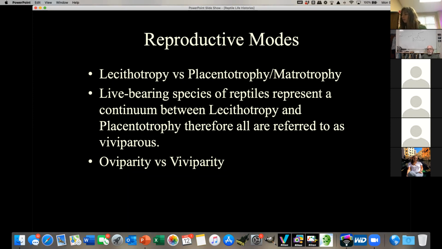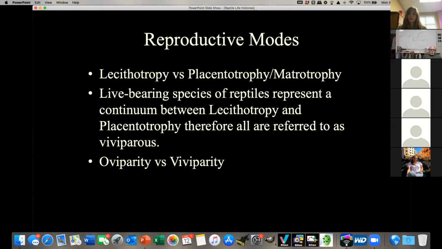Lecithotropy refers to eggs where the yolk is doing all of the supplying of nutrients and energy to the developing embryo, whereas matrotropy and placentotropy are being provided by the female through either the placenta or by some sort of substance that the female produces.